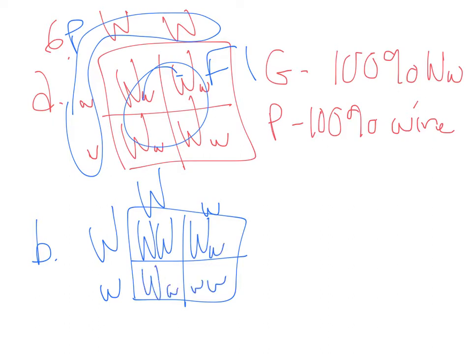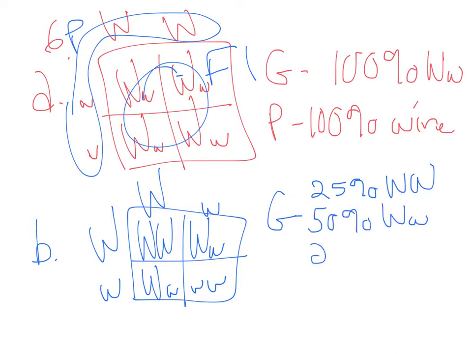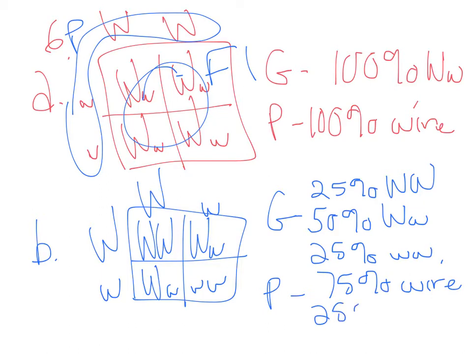And then you have genotypes and phenotypes for that. Genotypes would be 25% big W, big W, 50% big W, little w, and 25% little w, little w. Phenotype percent would be 75% wire and 25% smooth. And that finishes up number 6.